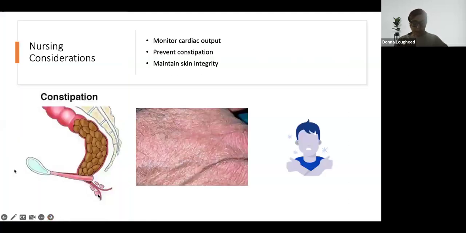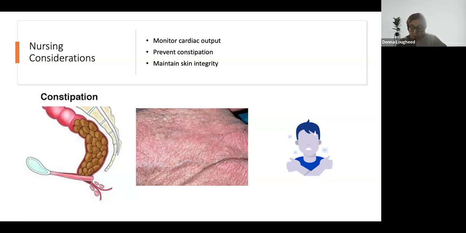Some nursing considerations. A thyroid hormone deficit causes a reduction in cardiac output. Remember, metabolism is slowed. Fluid may accumulate in the pericardial sac, that's the sac that surrounds the heart. So you want to monitor cardiac output, meaning you want to monitor blood pressure, rate and rhythm of the apical and peripheral pulses.